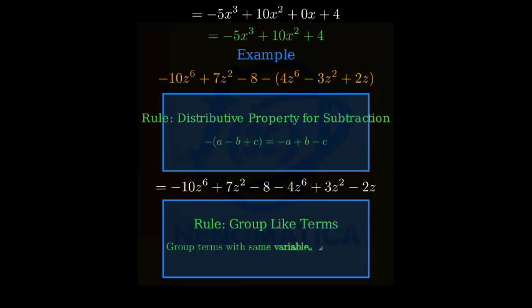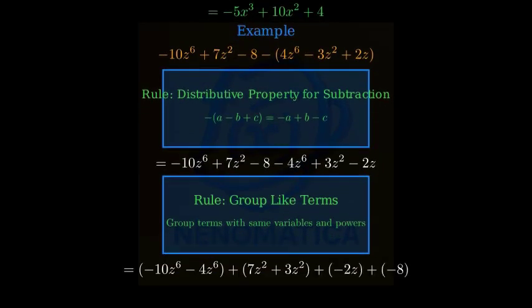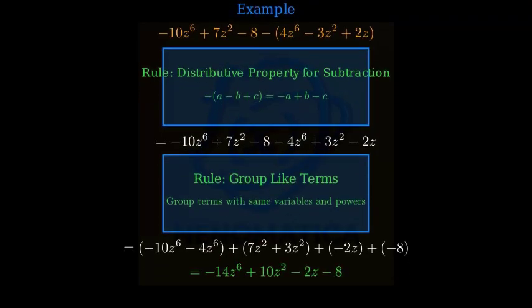Now we'll rearrange and group like terms. We get negative 10z to the sixth minus 4z to the sixth plus 7z squared plus 3z squared minus 2z and minus 8. Combining like terms, we get negative 14z to the sixth plus 10z squared minus 2z minus 8.